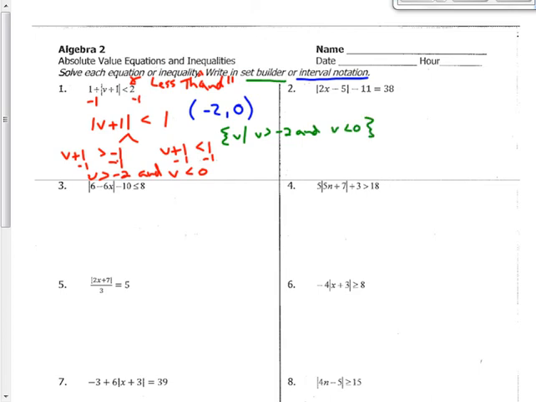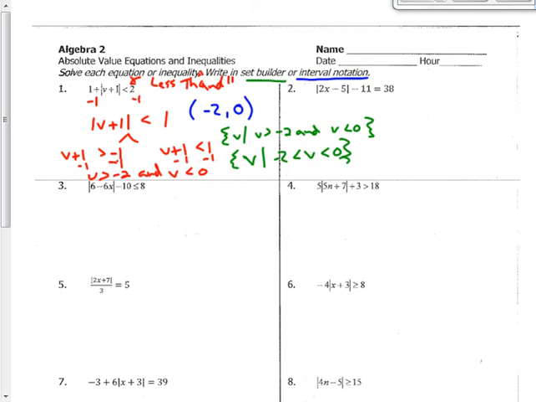That's one way to write it. Otherwise, you could do v such that, not x such that, the variable is v. So v such that v is between negative 2 and 0. With an and equation, that would be an acceptable way to write that as well.